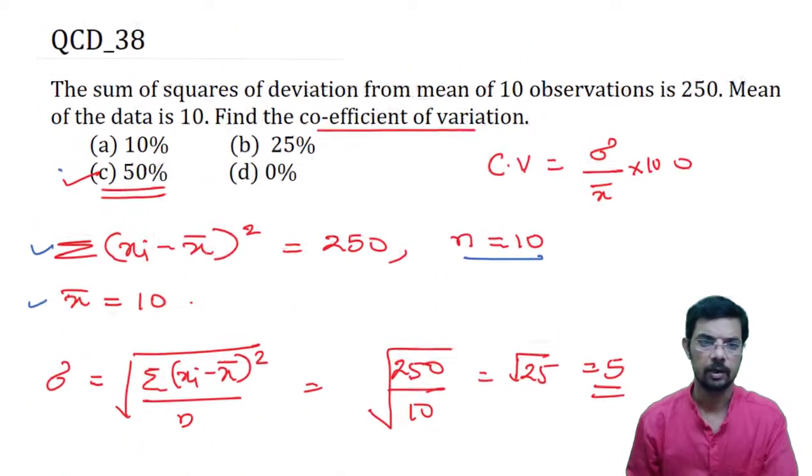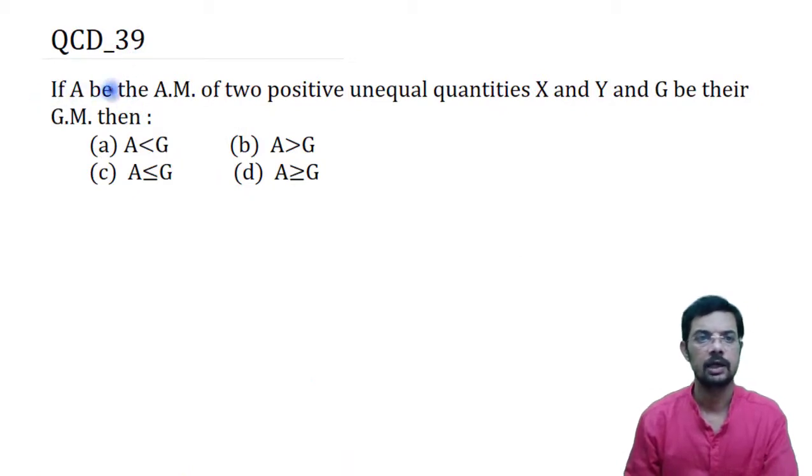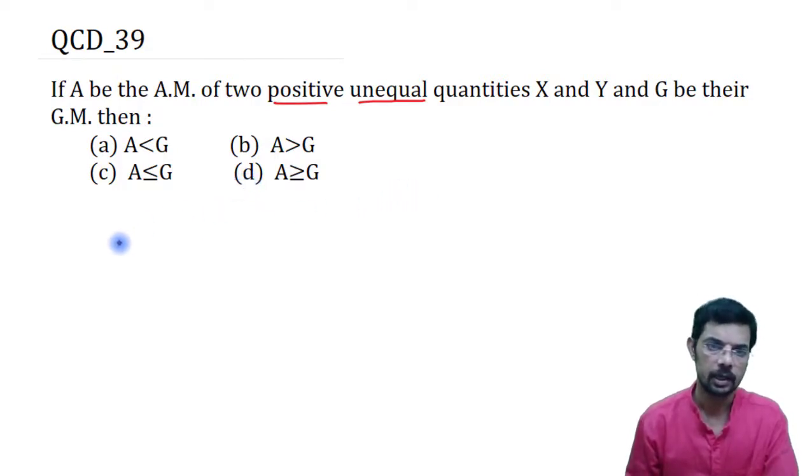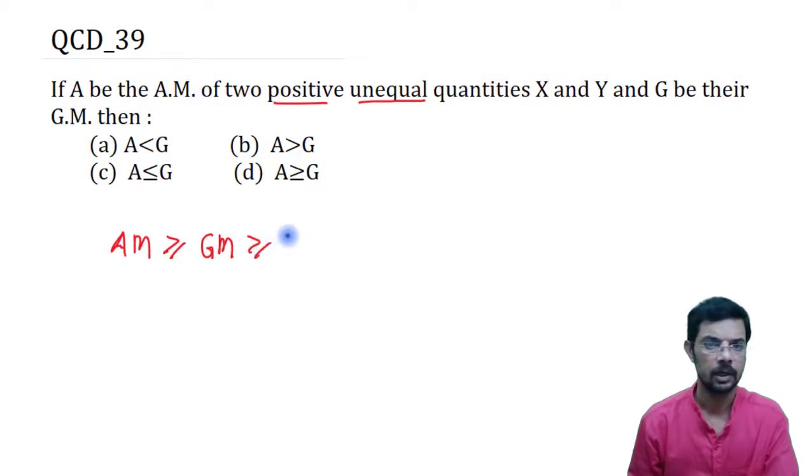Question number 39 says that if A be the arithmetic mean of two positive unequal quantities x and y, and G is their geometric mean, then which of the following options will be satisfied? We know that arithmetic mean is greater than or equal to geometric mean, which is greater than or equal to harmonic mean.